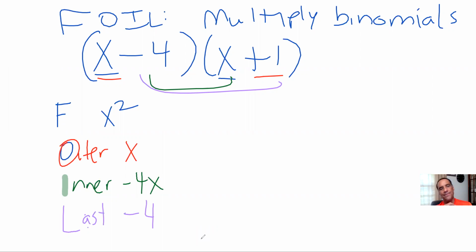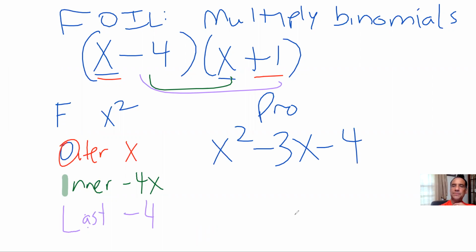So keep in mind that those are your terms. And then you're going to find yourself combining like terms, and this is your answer. And this is what they call the product. And you're happy.